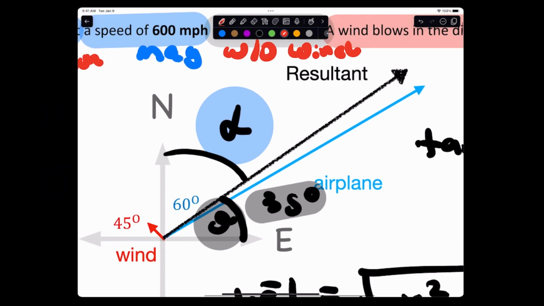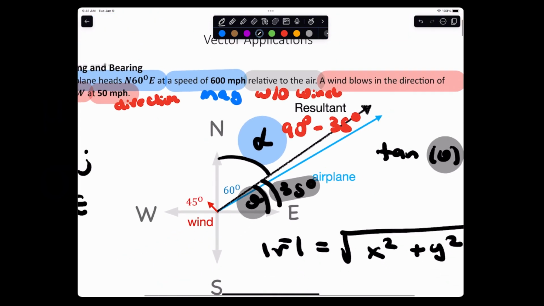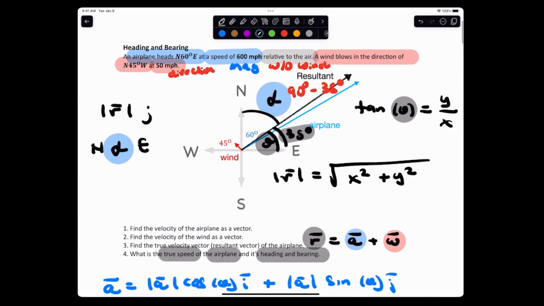Complementary. Yes, 90 minus what? 35. What is 90 minus 35? Because those angles are complementary. I'll put that extra little arc. Aren't they complementary angles? So what does that mean? 55 degrees.